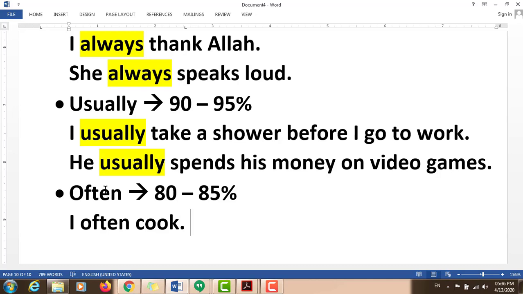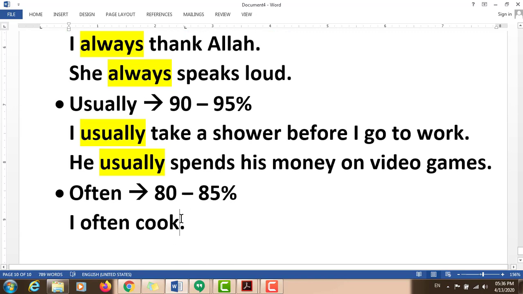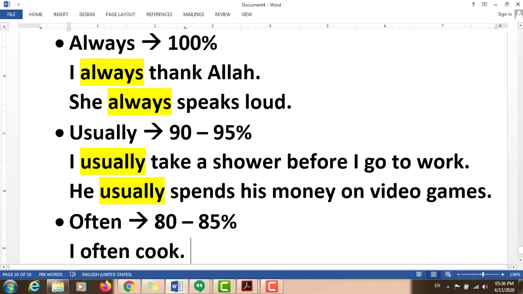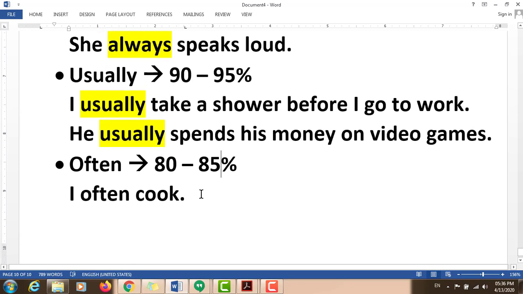That means you often cook. That means in 30 days, how many days do you cook? Change these 30 days into percentage. This 100% into 80 to 85%. That means you cook for 21 or 22 days. And then the other days, maybe if you're not in the mood for cooking, you don't cook. So next one we have, and guys, you know this.